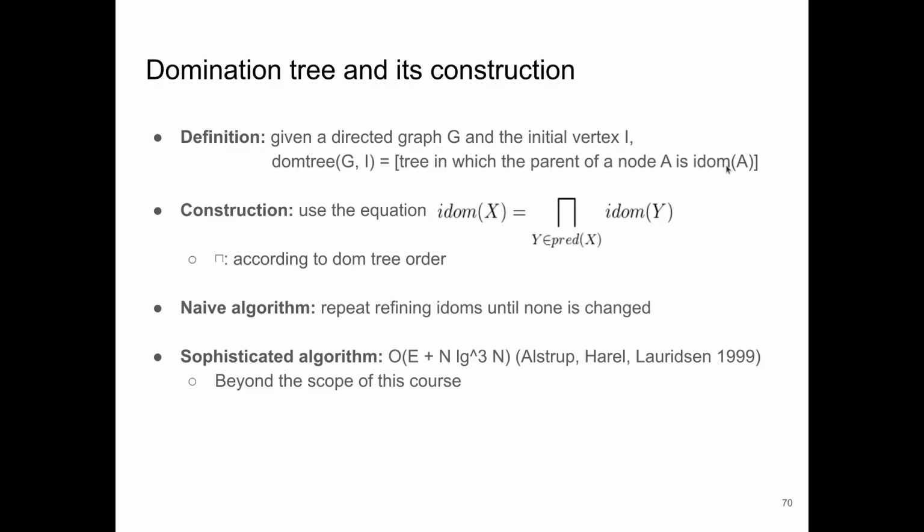So we are going to use this definition to simplify the construction algorithm. If B is the parent of node A in this DOM tree, that means B is the immediate dominator of A. And for this DOM tree, we are going to use this equation to construct it.